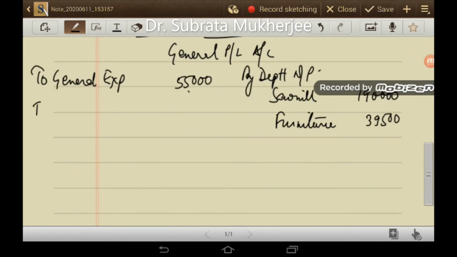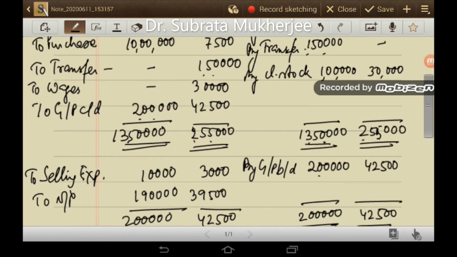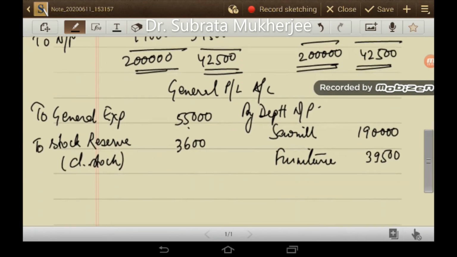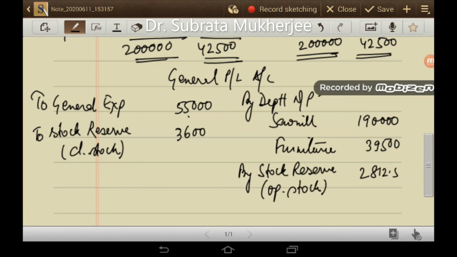So to stock reserve in the closing stock, this is 3,600. The closing stock is shown on the credit side. So on the credit side, this is 30,000. So the stock reserve will be on the debit side, and the stock reserve for opening stock is 2,812.50.